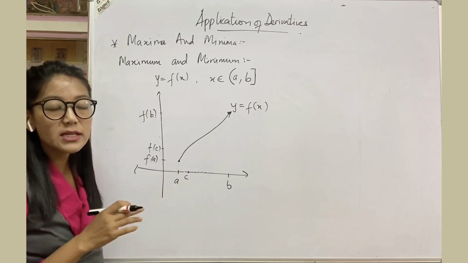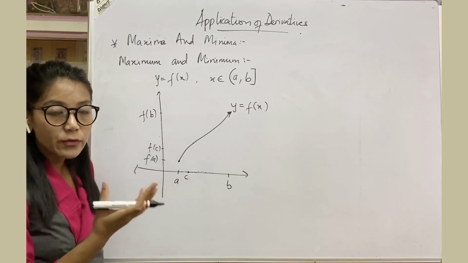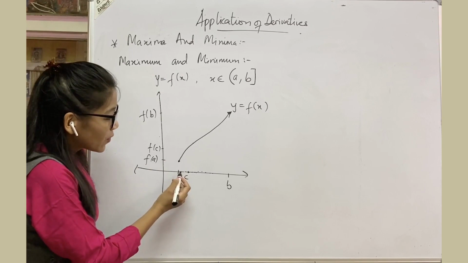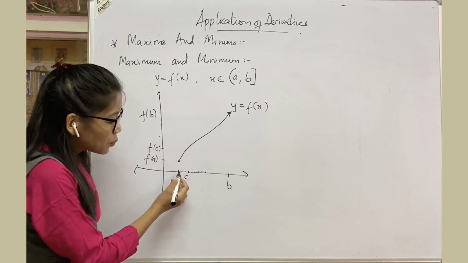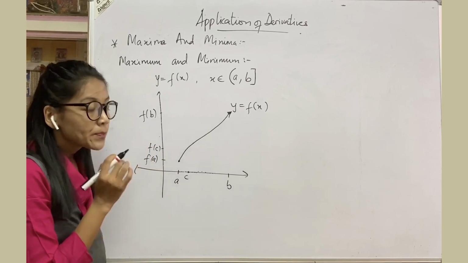It's not possible, because between any two real numbers there lie infinitely many real numbers. So you cannot find the nearest point to a at which the function may attain the minimum value.